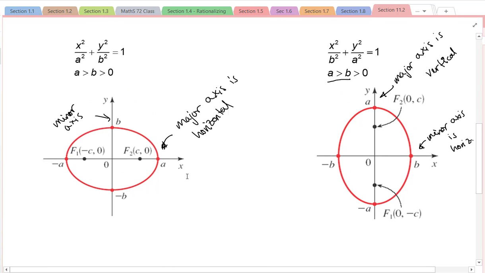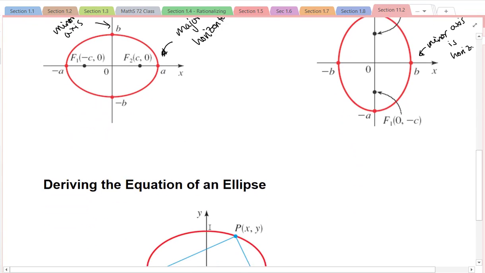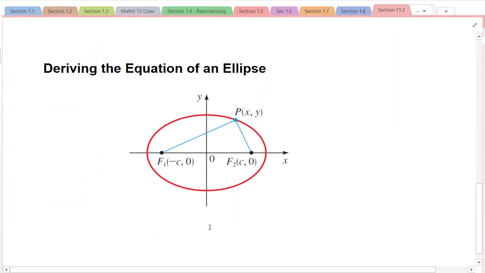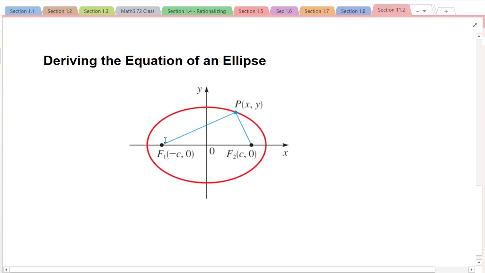And so how do we derive this equation? Deriving the equation of an ellipse, I'm not going to do the whole math because it gets very long and complicated, but you can look in your book or search for other videos that can show you. But essentially, if you have this distance, call it d1, and this distance, call it d2, the equation of an ellipse is that d1 plus d2 is equal to 2a.